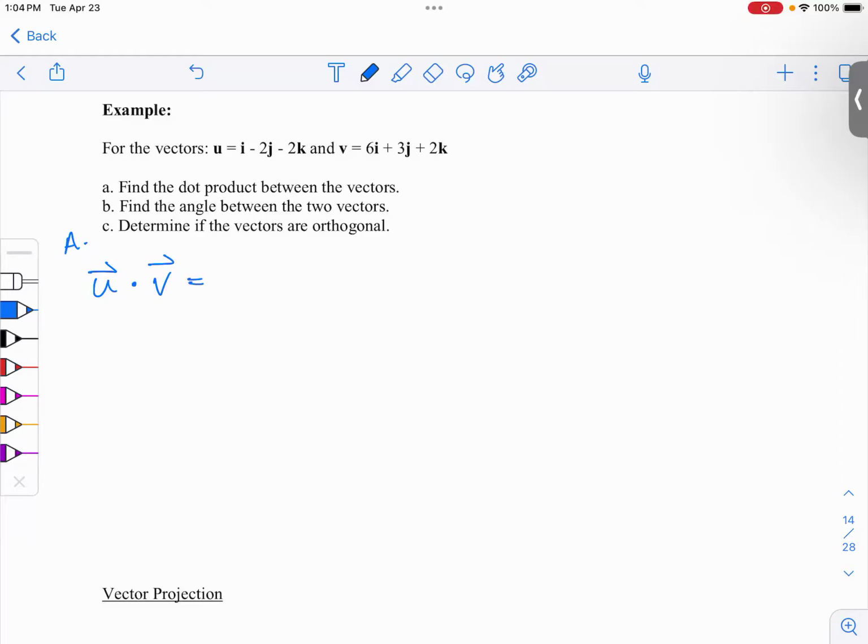Remember, with adding vectors and multiplying via dot product, at least, X components go with X's, Y's with Y's. Make sure you keep the values right. So that's actually 1 times 6 plus -2 times 3 plus -2 times 2.